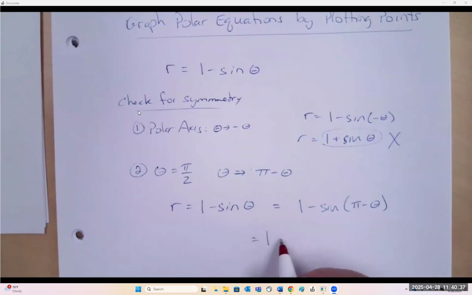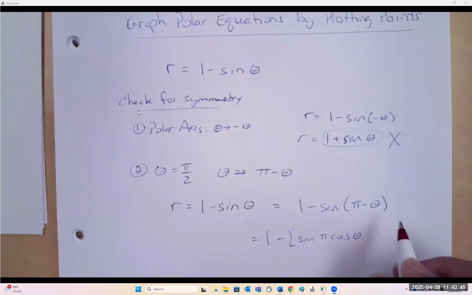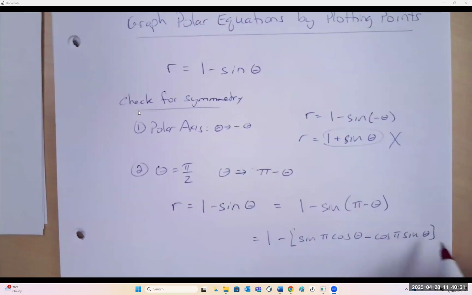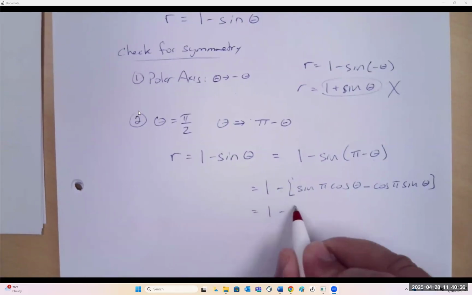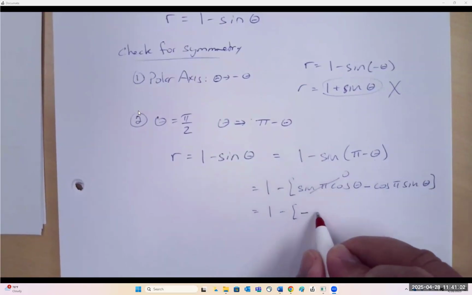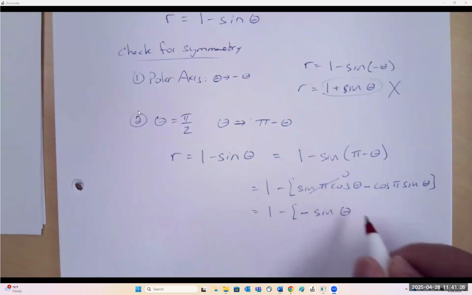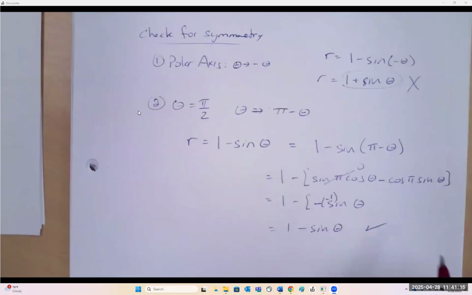This is the difference of two angles: sine pi cosine theta minus cosine pi sine theta. Sine pi is 0. Cosine of pi is -1, so we get negative negative sine theta. So it stays. So that one passes.